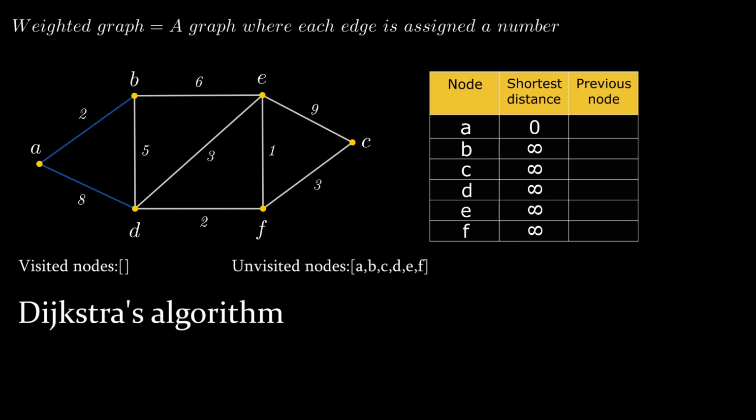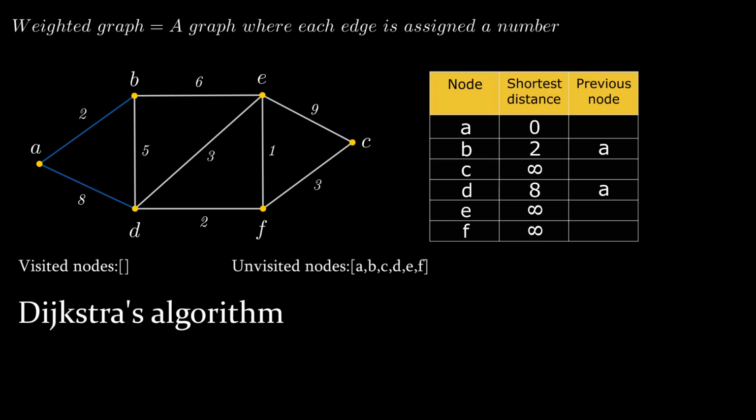And now we can update our table if we have found a new shortest distance to one of the unvisited nodes. So B and D are unvisited, and the current shortest distance is infinity, so we can update the distance from A to B to 2, and store A as the previous node in our table. And the same applies to the vertex D, or node. We update the distance to 8 and store A as the previous node.